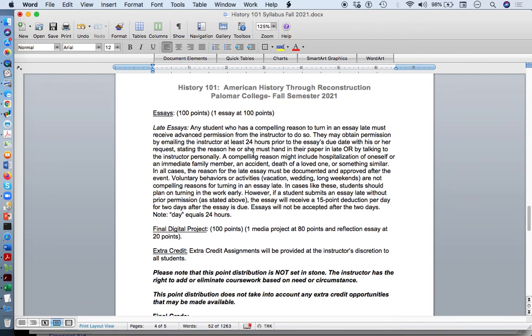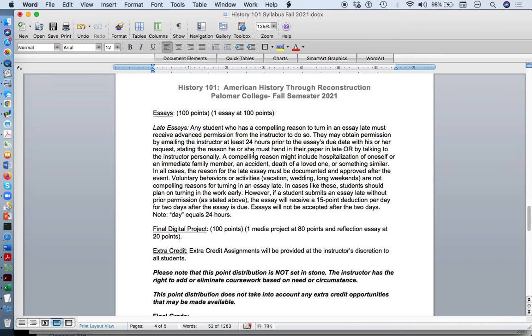Here is my policy regarding late essays. Make sure you read through this very carefully. And basically what it says is I do accept late essays for partial credit, but there is a deduction in points for submitting a late essay.